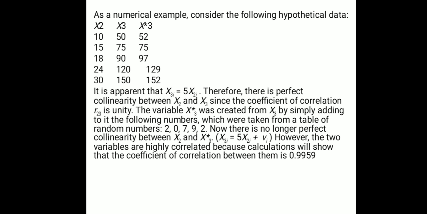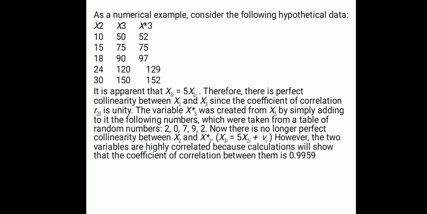There is a relation. There is a perfect correlation, r equal to 1, because the series x3 is obtained by multiplying the values of the series x2 by 5. You get the series x3: 10 into 5 is 50, 15 into 5 is 75, 18 into 5 is 90, 24 into 5 is 120, 30 into 5 is 150.